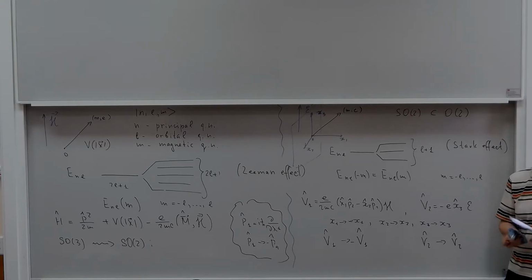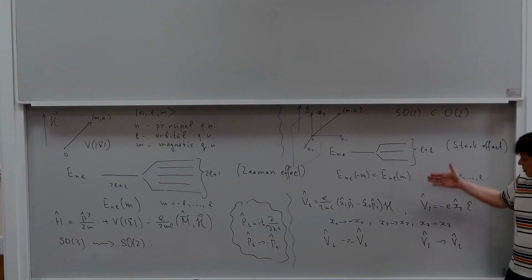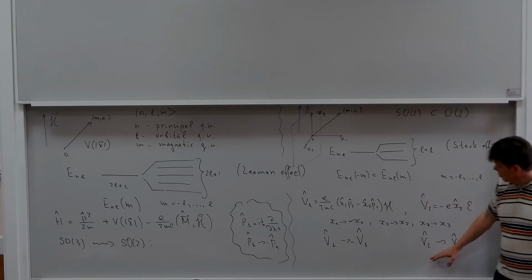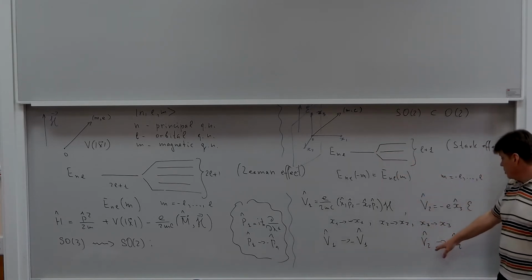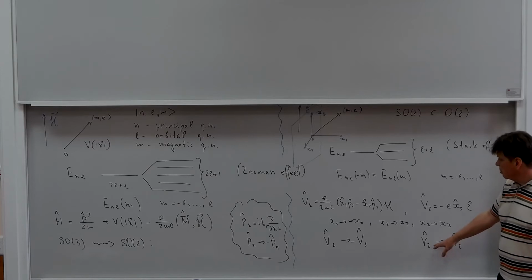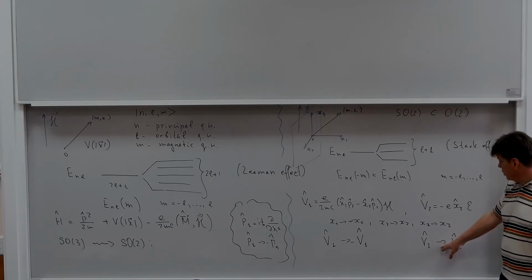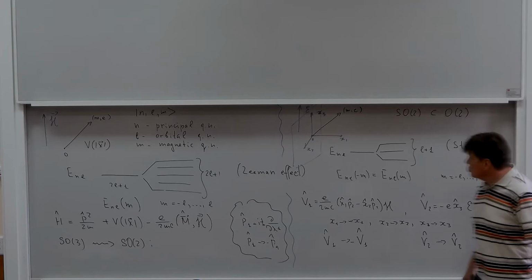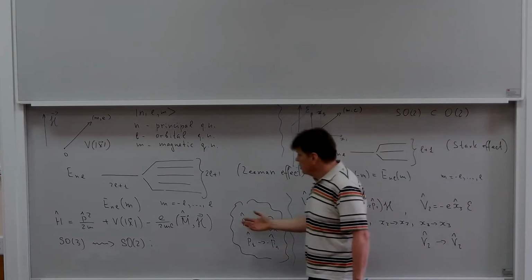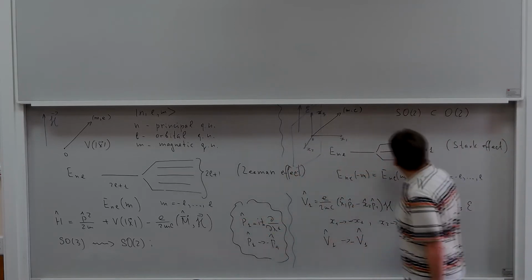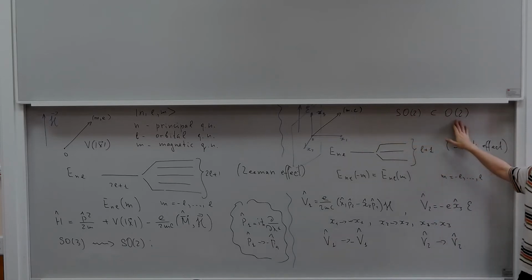Now we try to find the group of symmetry from the symmetry of the problem. We consider a particular Hamiltonian with a particular type of interaction, and we see that actually its symmetry group can be extended from SO2 to O2.